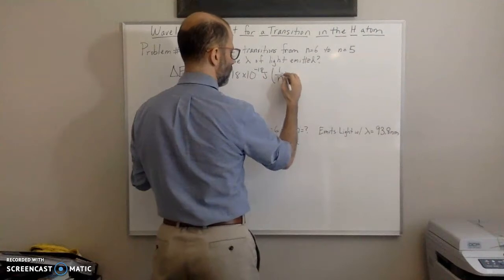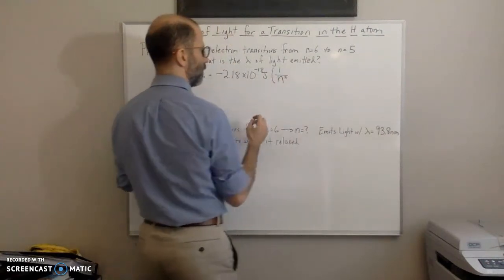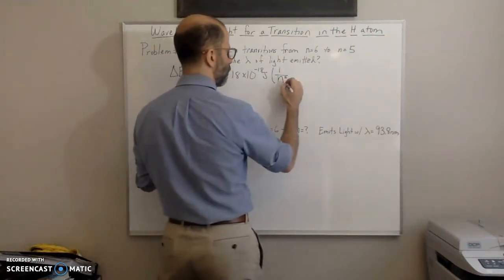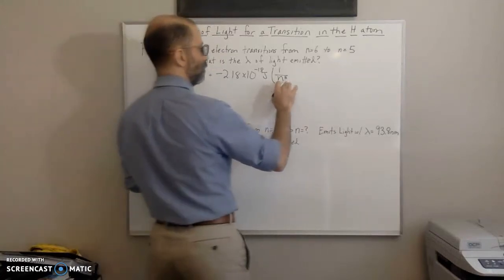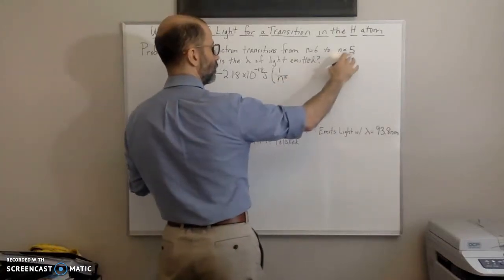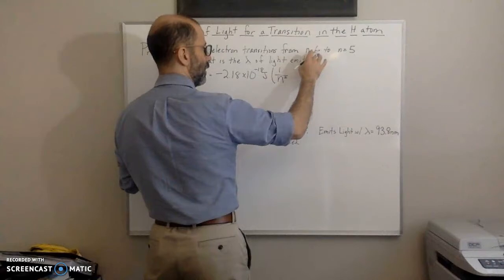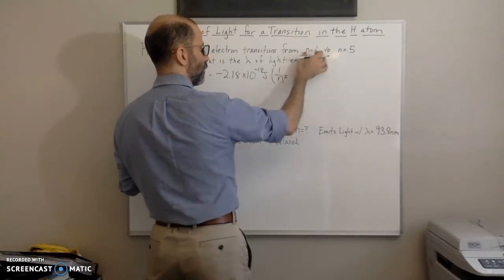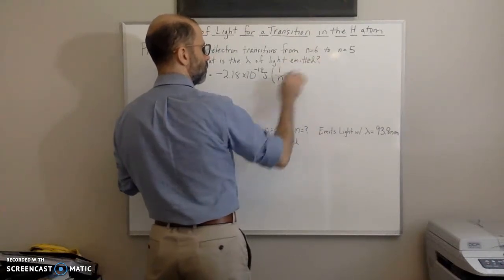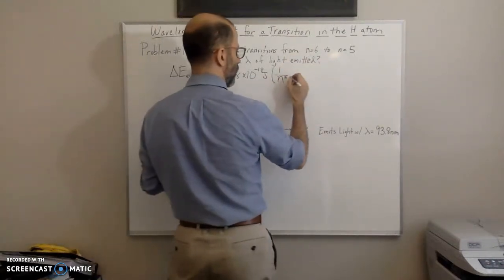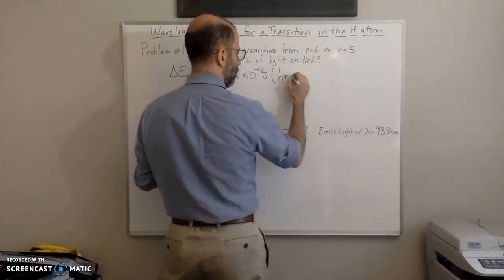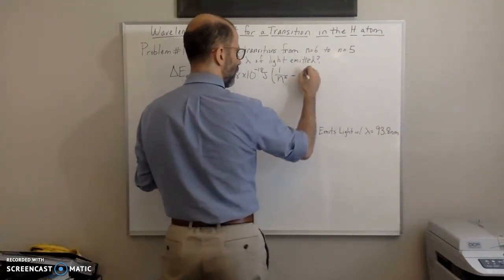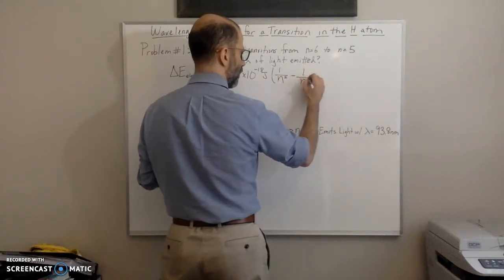So n squared, and this is going to be the first n. So you're going to have n equals 5 and n equals 6. The first one you have is 6, so n from here to here, minus 1 over n squared.